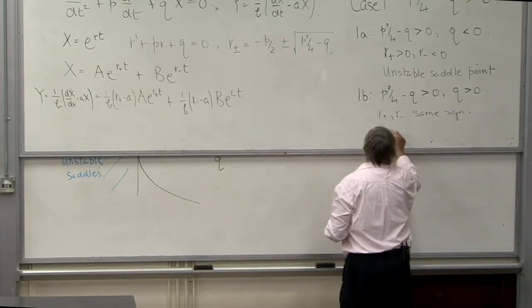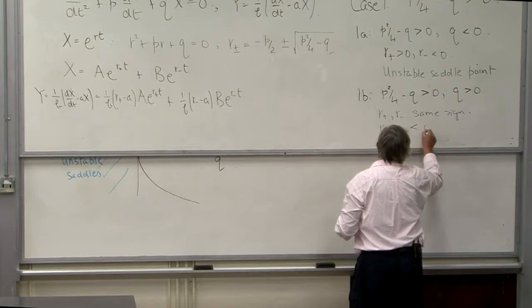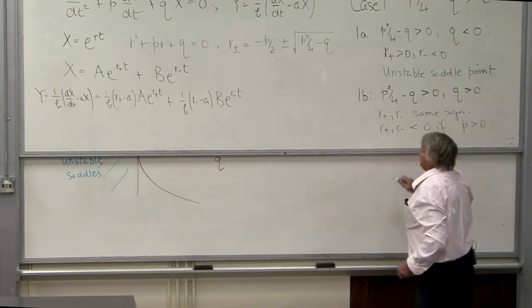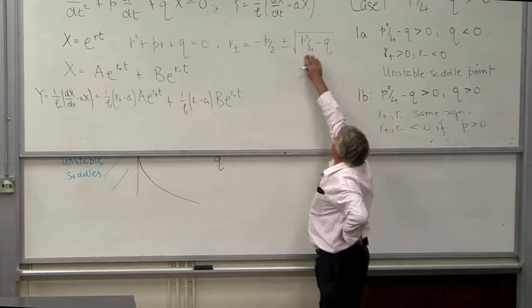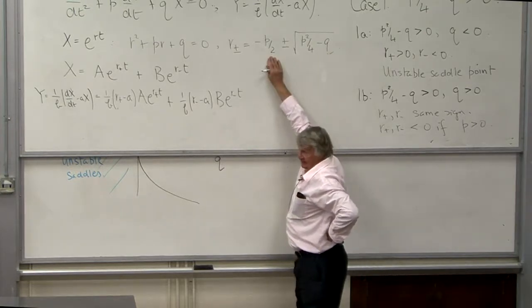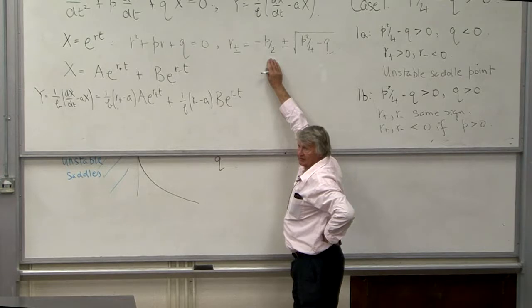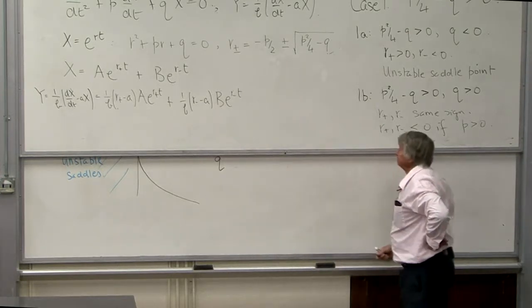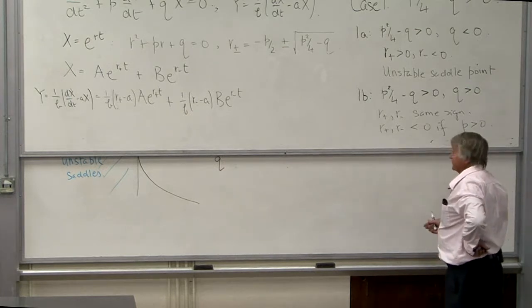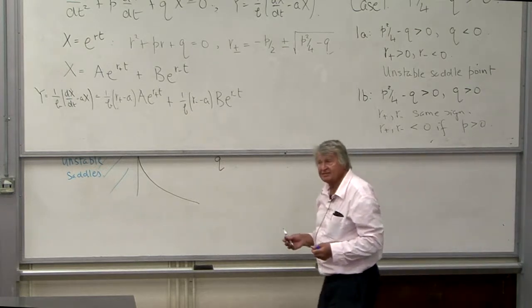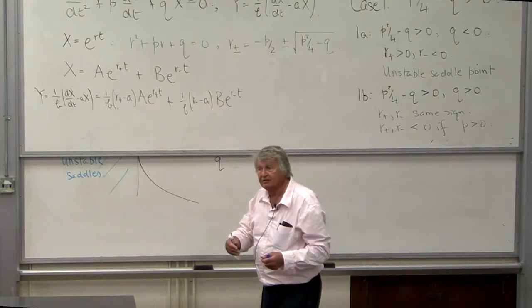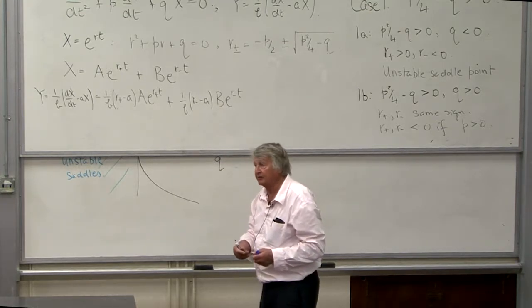They are both negative if p is positive, because this guy now is less than the size of this. Think of p positive. So both roots would be negative. So then, as time evolves, you will just go straight back to the fixed point.